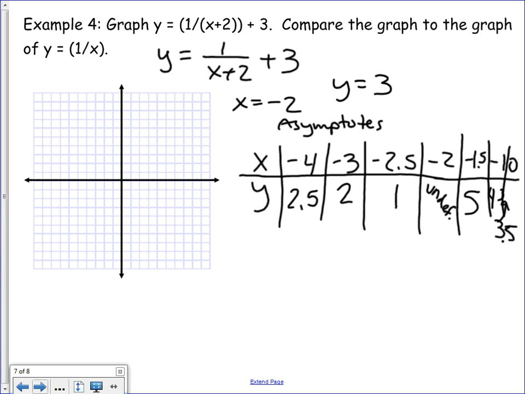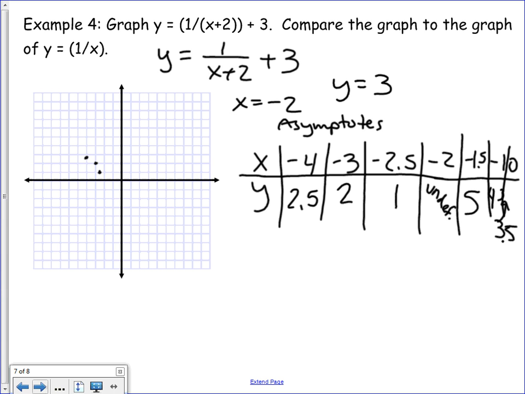Now we need to draw a smooth curve through the points, to plot them on each side of our asymptote. Okay, -4, 2.5, -3, 2, -2.5, 1, -2 is our asymptote here.